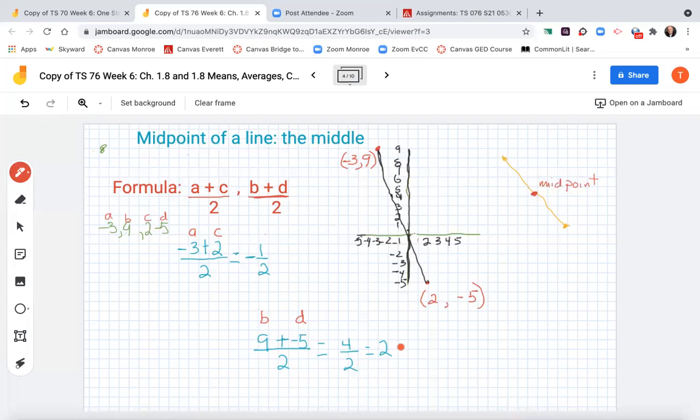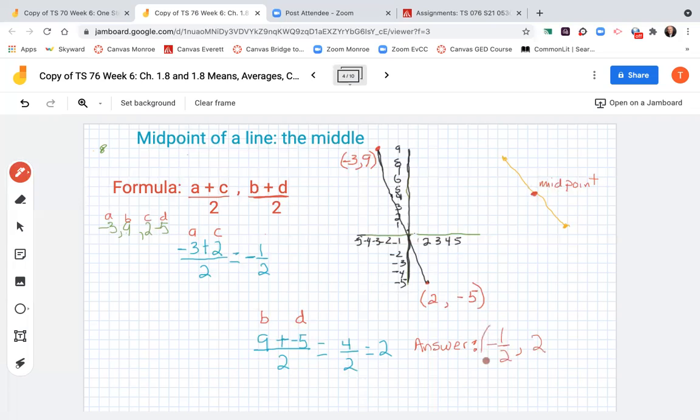So my midpoint as an answer, let me just choose red here, maybe it'll stand out a little bit. My answer for what is the midpoint between these two coordinates is -1/2, comma 2.